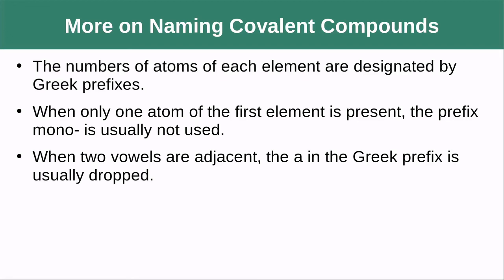And then we're going to have the Greek numbers designated for each one of the prefixes. And we're typically not going to use mono. So if there's only one thing there, we're going to skip over it. And when two vowels are adjacent, so basically when the word looks a little weird because you have too many vowels running together, you're going to drop the A from the Greek prefix.